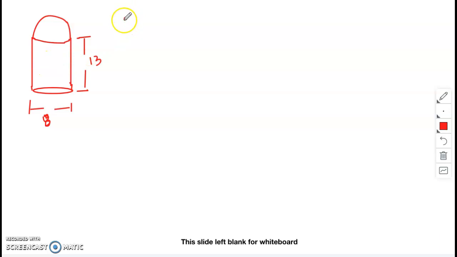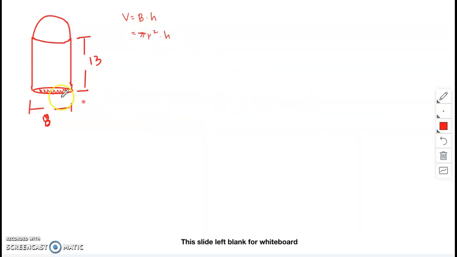The volume of the cylinder is your base times your height. But in this case, the base, as we can notice, is a circle. So the base is going to be the area of the circle, all this area on the bottom, which is pi r squared, and this is times height.